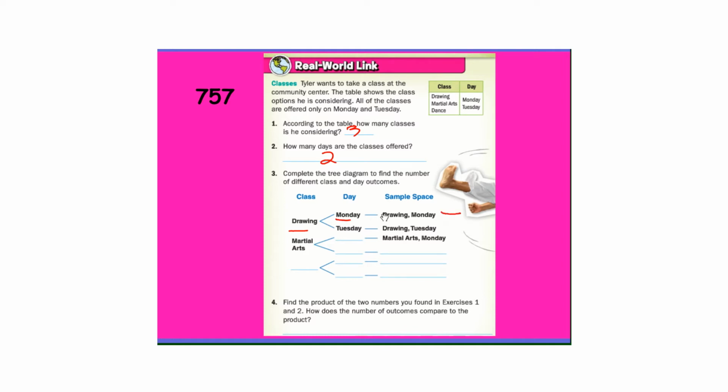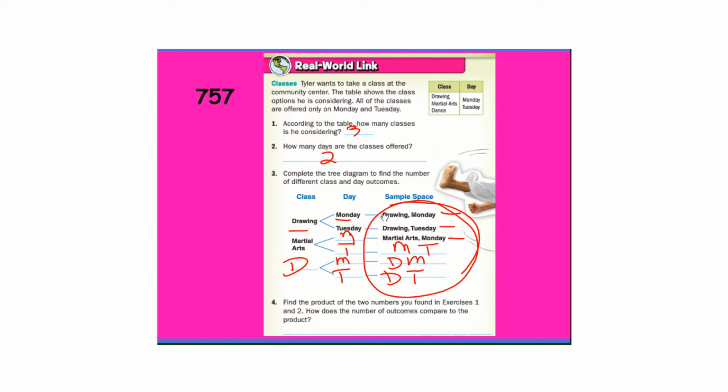There's the sample space for drawing on Monday. Drawing on Tuesday, martial arts Monday, martial arts Tuesday. What is the other one? Dance on Monday, dance on Tuesday. This is the sample space for this question.